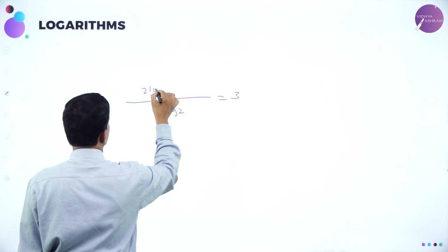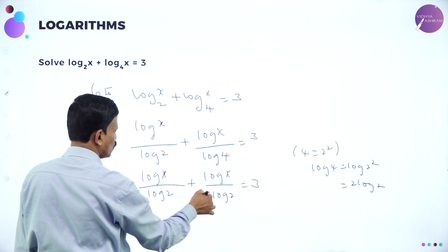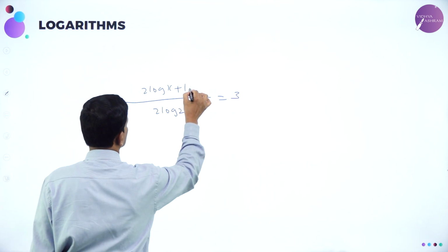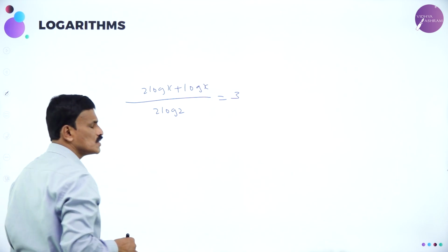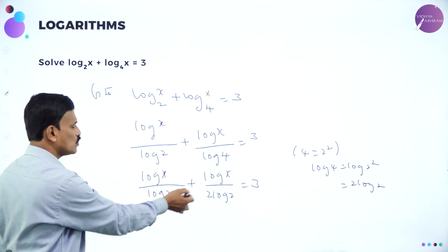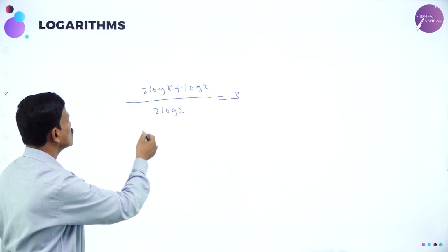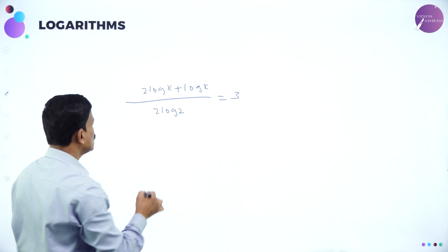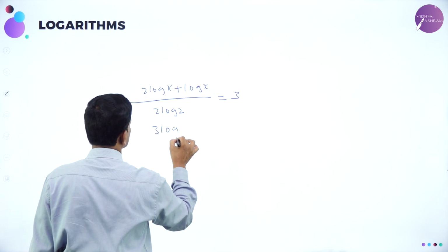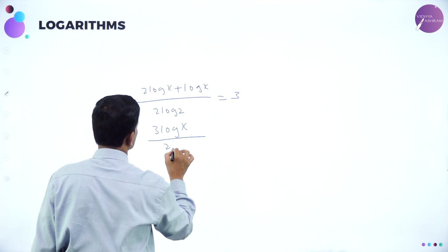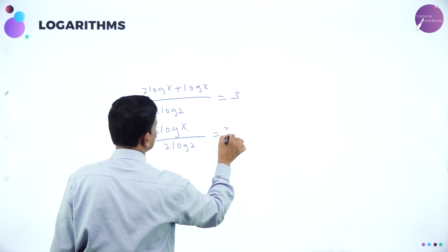2 into log x is 2 log x, plus here 2 log 2 gets cancelled. What is left in the numerator is log x. So just take the LCM, 2 log 2. Log 2 gets cancelled. 2 into log x plus log x is 3 log x. So 3 times log x divided by 2 log 2 is equal to 3.